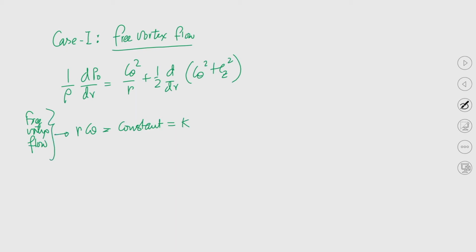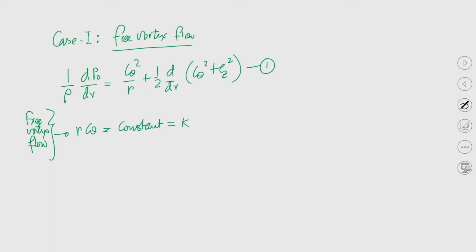So, that means if we try to cast this equation, so this is equation number 1. If we try to cast this equation in a different form, wherein we can plug in the value of r c theta equal to constant, we will try to find out the distribution of pressure as well as the axial velocity. Okay. So, what we need to do? You can understand that this equation can be written how?